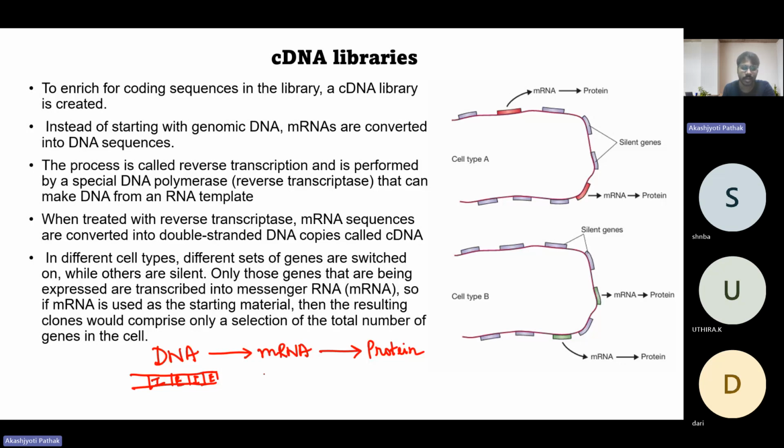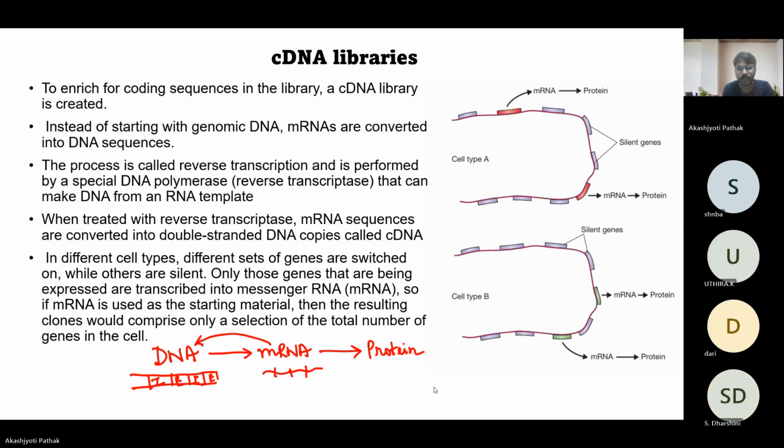So if you can reverse transcribe the mRNA to DNA, the viruses have one type of enzyme called the reverse transcriptase enzyme, and using the reverse transcriptase enzyme, we can synthesize the complementary DNA from mRNA.